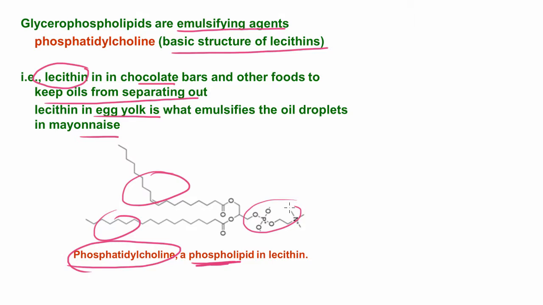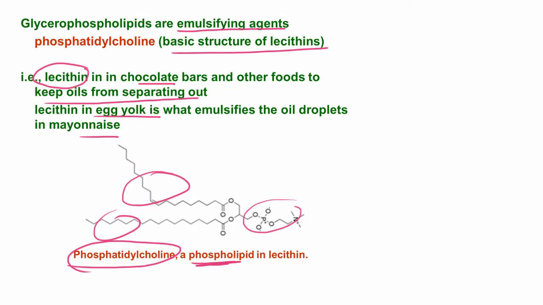So basically they can surround the drops of the nonpolar liquids like the oils and hold them in suspension in water. Take a look at your chocolate bar, and you'll see that lecithin is listed as an ingredient. And that's usually in chocolate bars, it's obtained from soybean oil. It's just going to keep the oil from separating out from that chocolate bar.